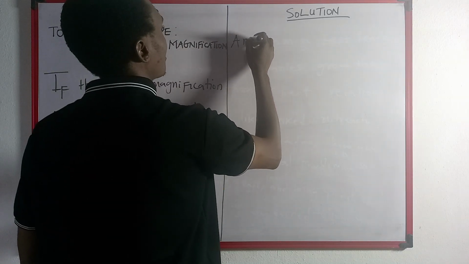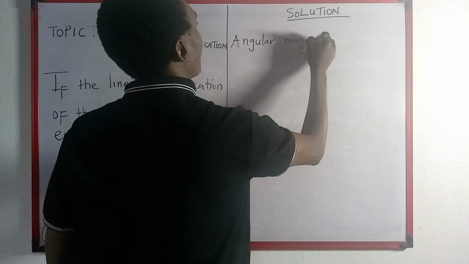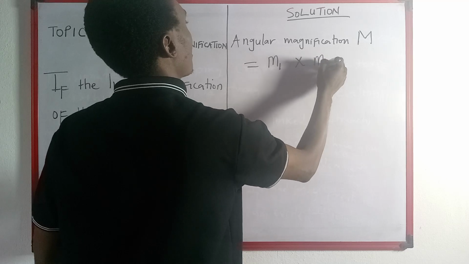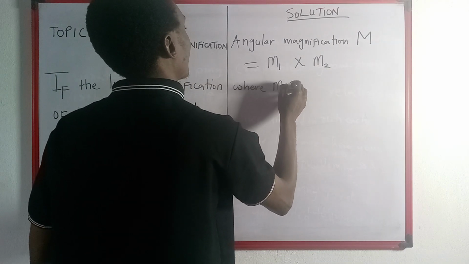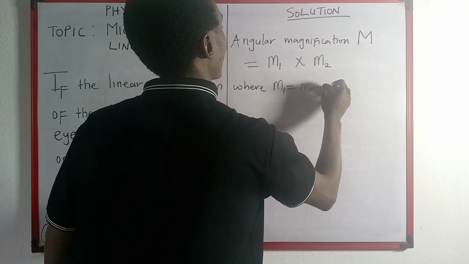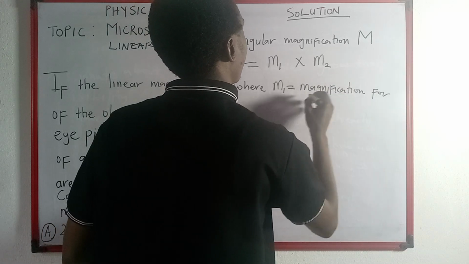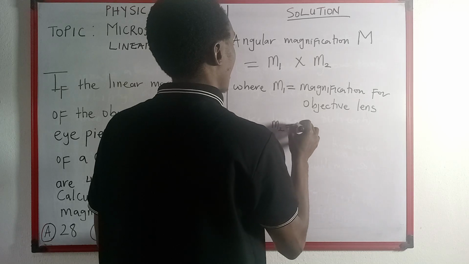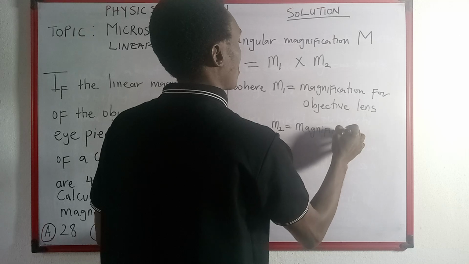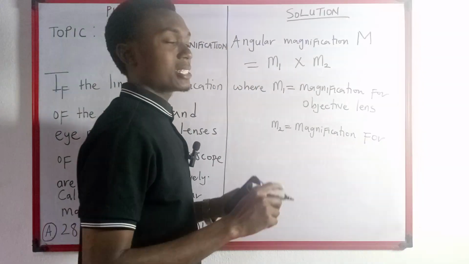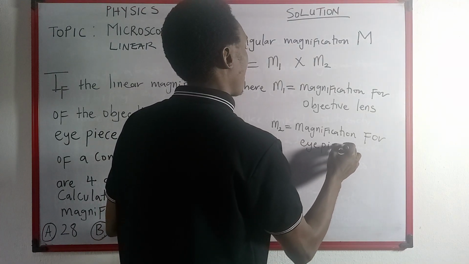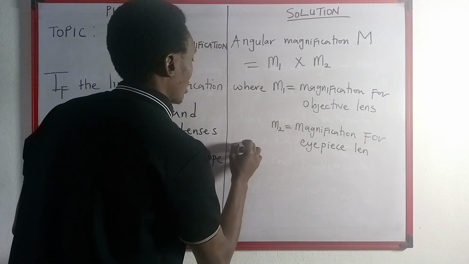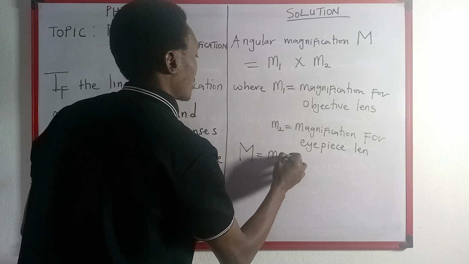So angular magnification, capital M, is given as M1 times M2, where M1 is the magnification for objective lens, M2 is the magnification for eyepiece lens.